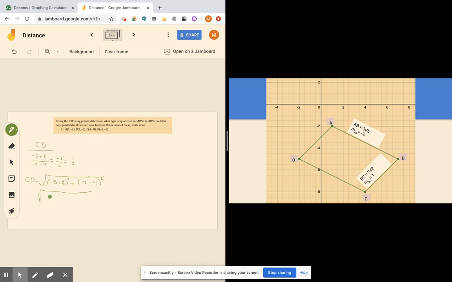Okay, square root of positive 3 squared plus negative 6 squared. You'll notice we basically did this earlier because you get 9 plus 36 again. We saw that earlier, right? So square root of 45. And that's going to leave you with 3 square root 5. Okay, so CD is done.